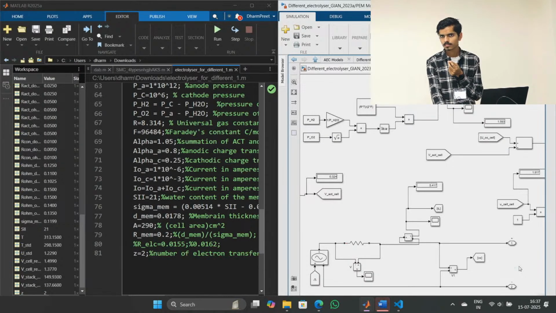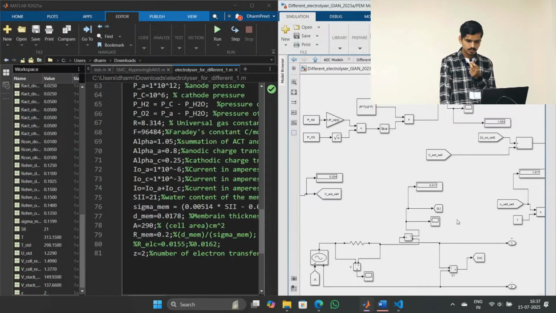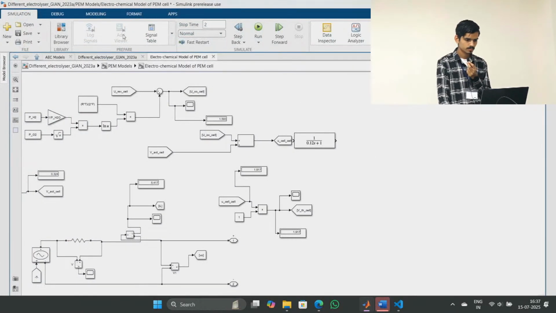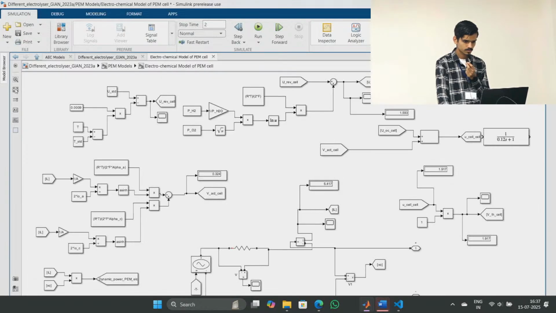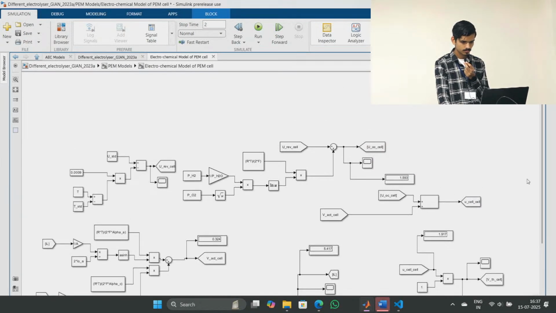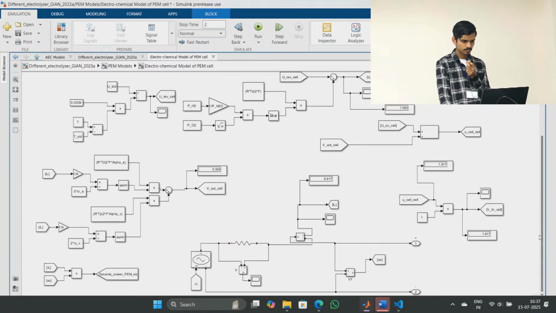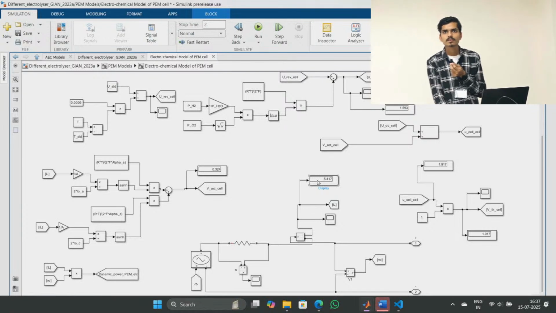Off means which one? Current? Can you just see this one, 1.593. Okay, fine.